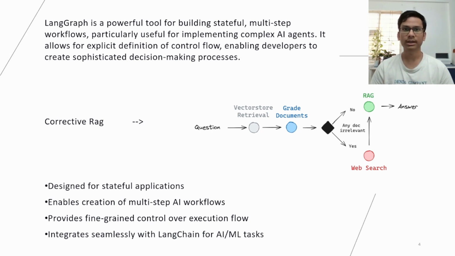If we find that even one document is irrelevant, we are going to fall back to a web search to generate content for those documents which were irrelevant. Then we pass this to the LLM, and hopefully we will get a better and more relevant answer. The reason why we are using LangGraph is because it comes with LangChain, and LangChain is already pretty easy to use, with a lot of extensions and helper tools. So that's why we're using LangGraph for this.